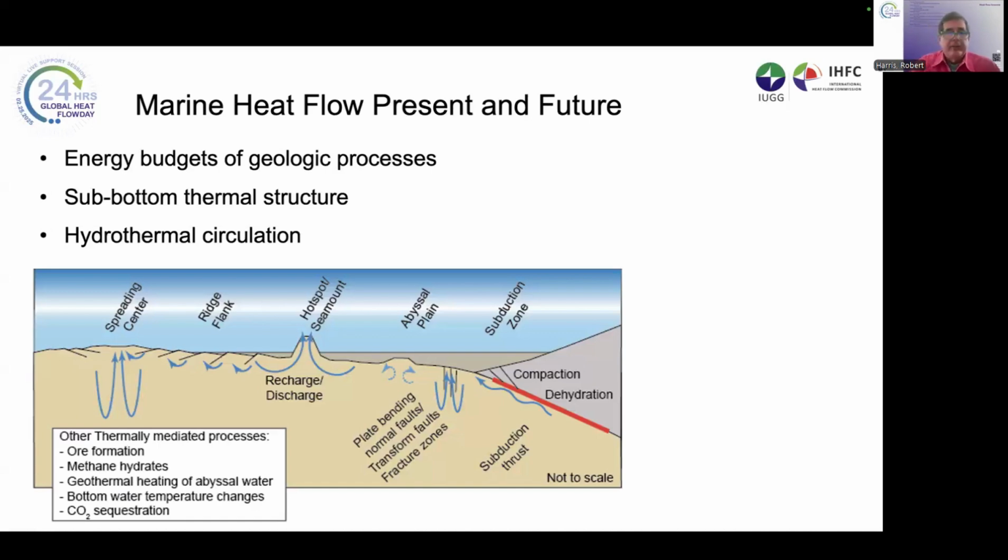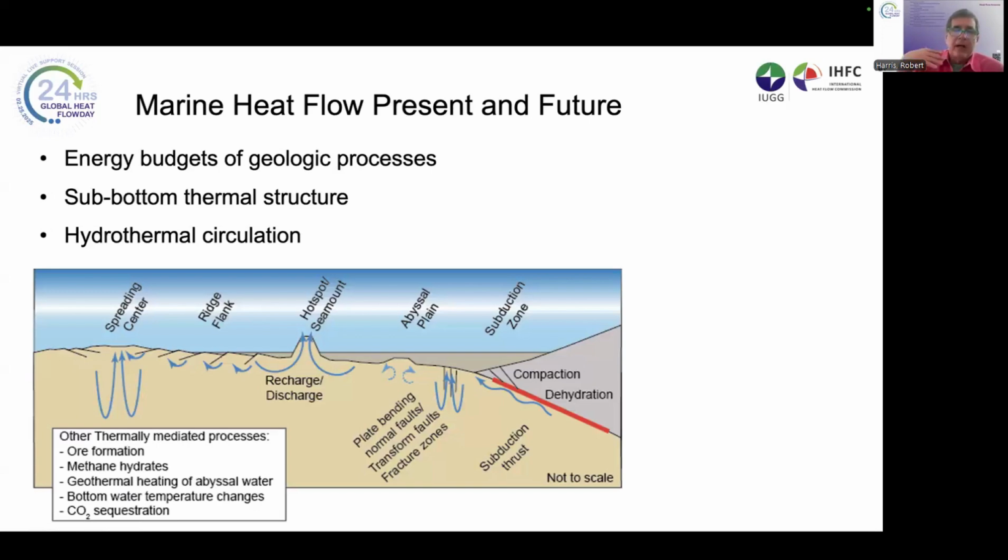The sub-bottom thermal structure is intimately connected with the creation and evolution of oceanic crust, as well as the geodynamics of rifting, subduction, seismogenesis, magmatism, and the vigorous fluid flow impacts, of course, water-rock interactions, crustal evolution, composition of seawater, things like that, the generation of ore deposits.